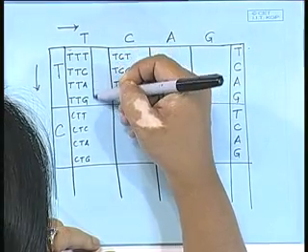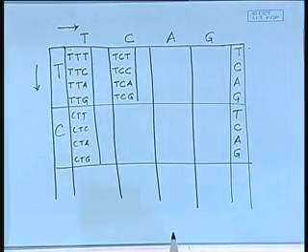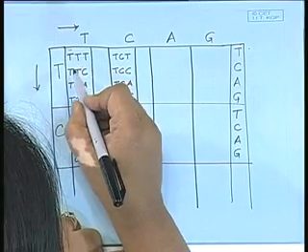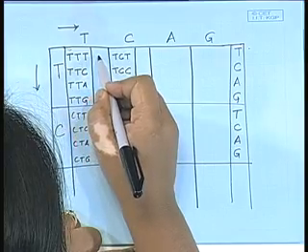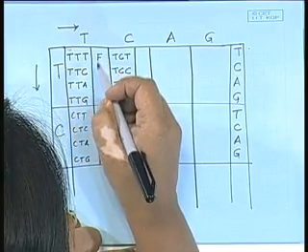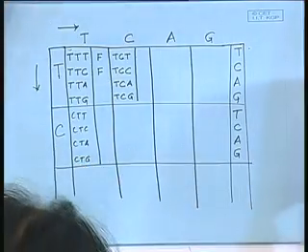Now, each of these code for an amino acid. We have triplet codons. The triplet codons will code for an amino acid. These two code for phenylalanine. I probably should write this in a different color so that you can see it better.